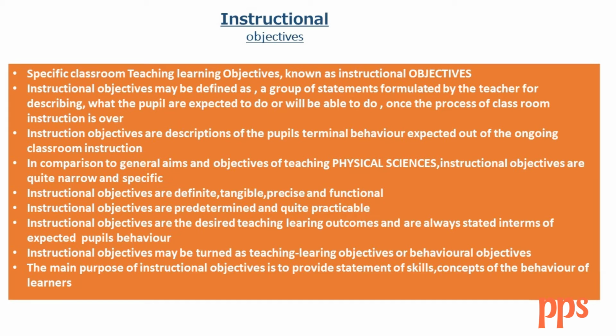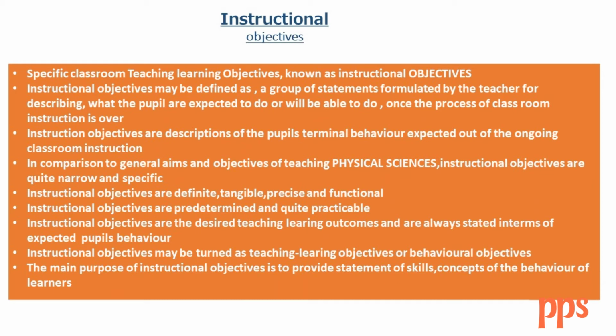In comparison to general aims and objectives of teaching physical science, instructional objectives are quite narrow and specific. Instructional objectives are definite, tangible, precise, and functional. Instructional objectives are predetermined and quite practicable.